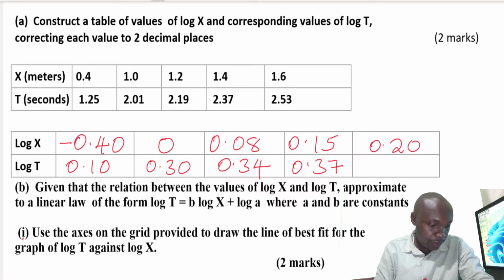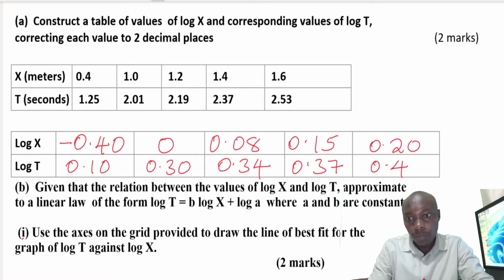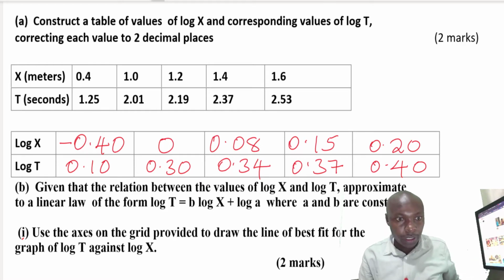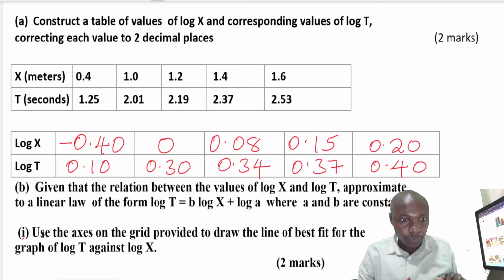Logarithm of 2.53 is 0.40. So that is the first thing you're supposed to do, creating the table of logarithm of x and logarithm of t.